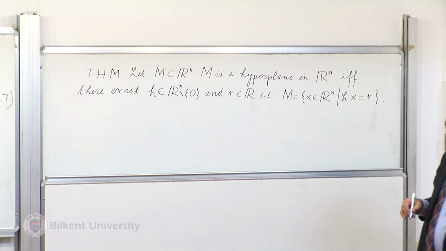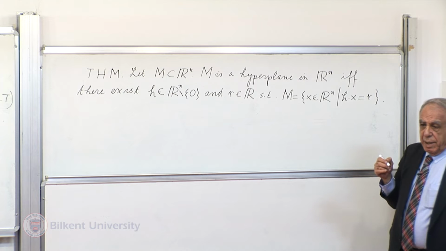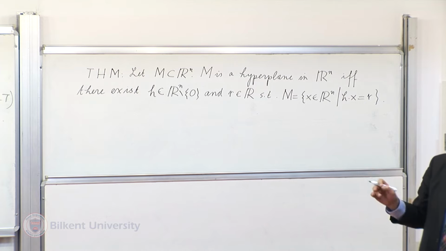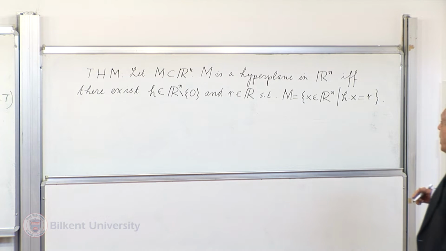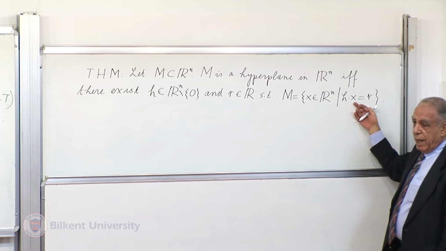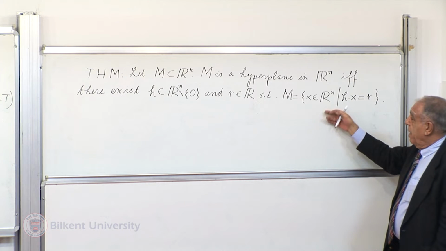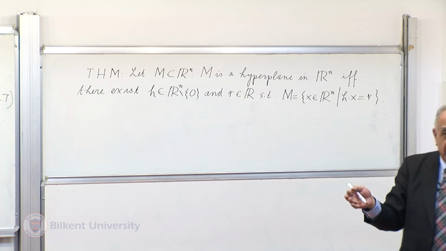Now we also noted the importance of this representation. Well, what we expect is that a hyperplane in Rn will divide Rn into two half spaces, and one half space will be the set of all x in Rn such that h dot x is larger than or equal to r, and the other those x in Rn for which h dot x is less than or equal to r.